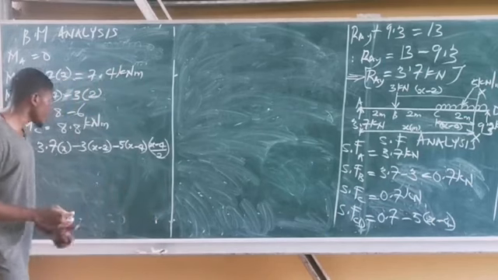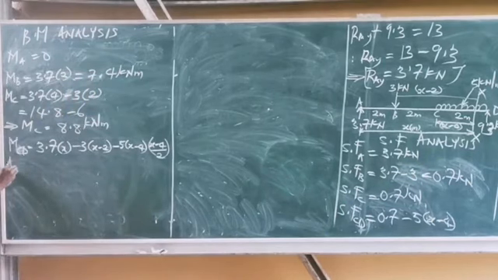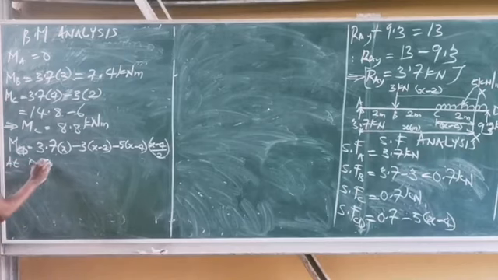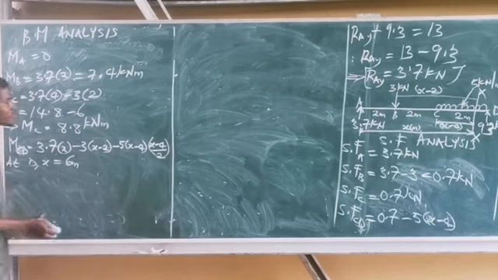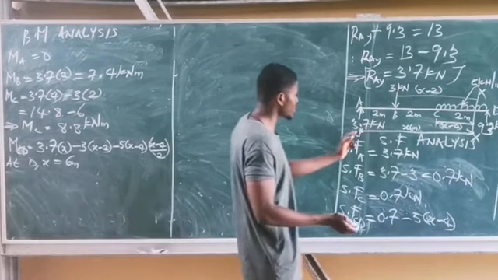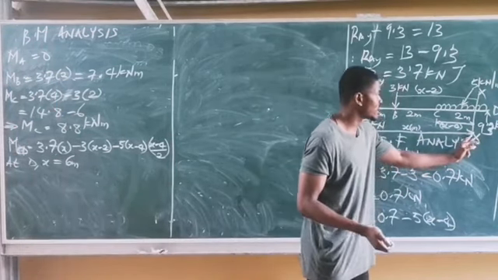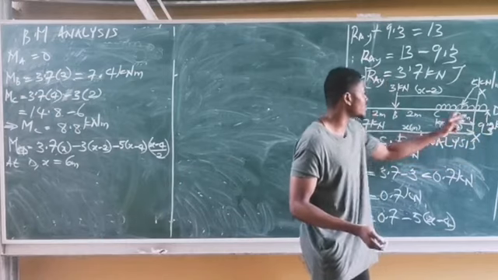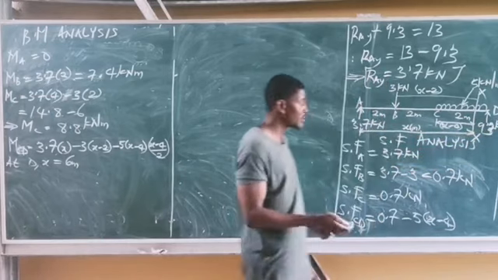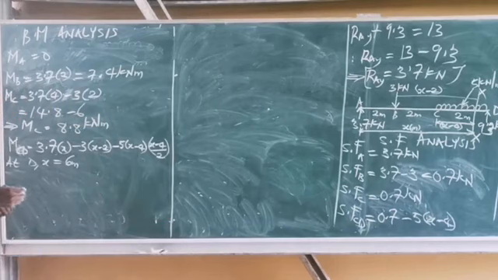Now notice that at D, x is equal to 6 meters, which is the entire length of the beam. Remember, x comes from point A to the point of section. When it finally gets to point D, it assumes the entire length of the beam, which is 6 meters.